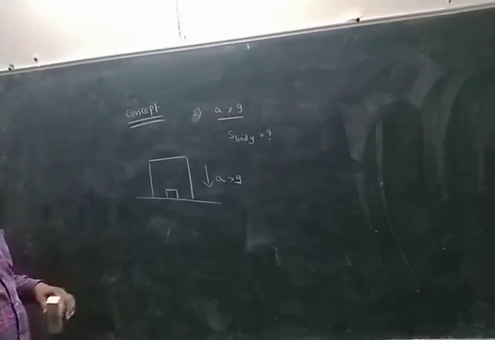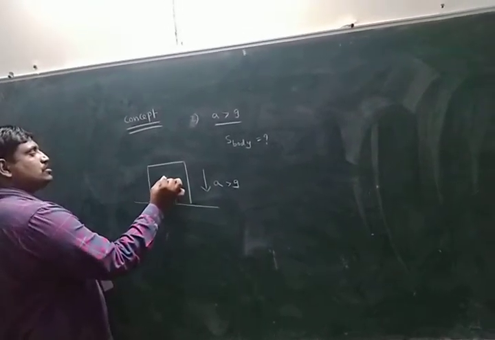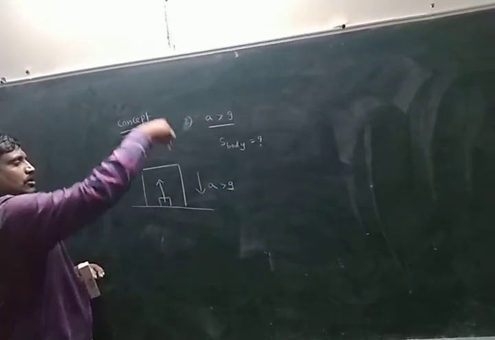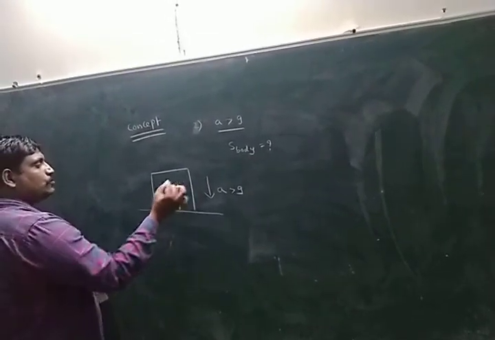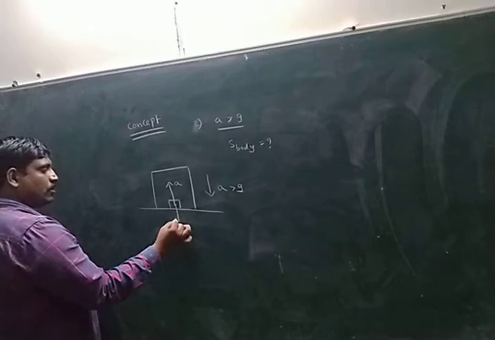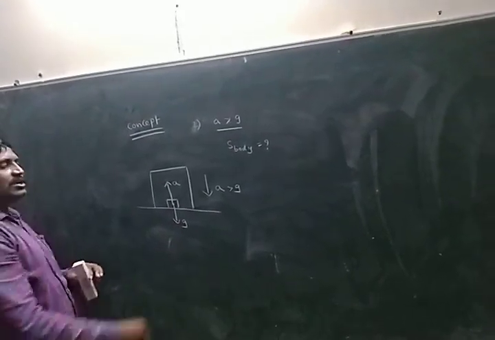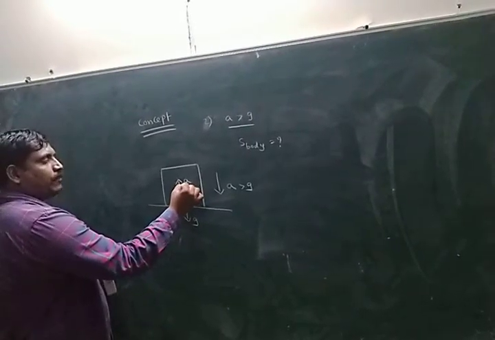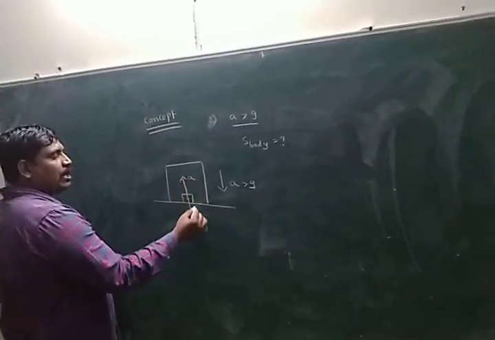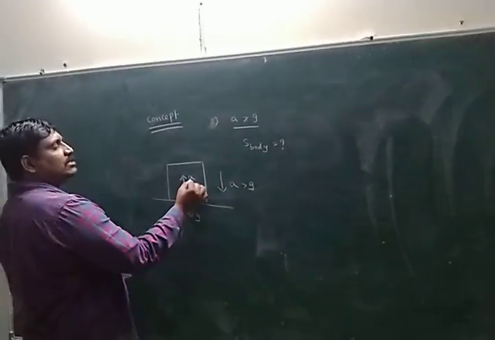In this situation, one body gives an action, and the other gives an equal and opposite reaction. Weight is always vertically downward. Since a is greater than g, the upward force is more compared to the downward force.